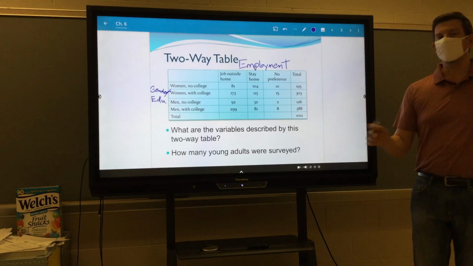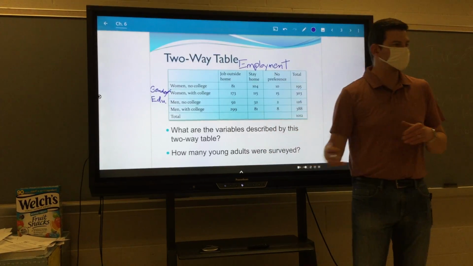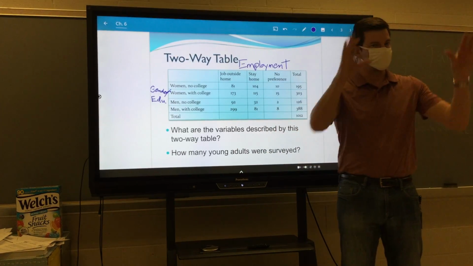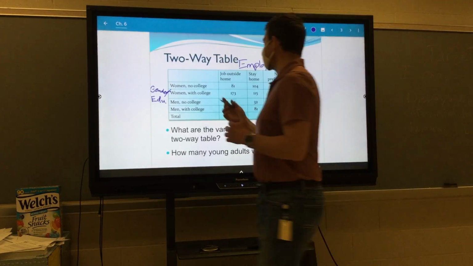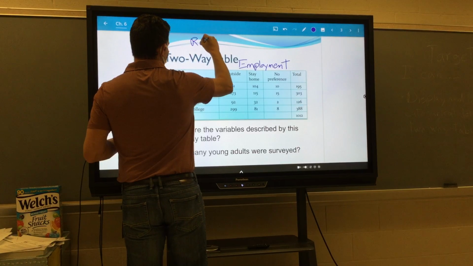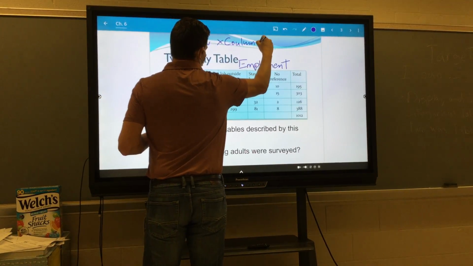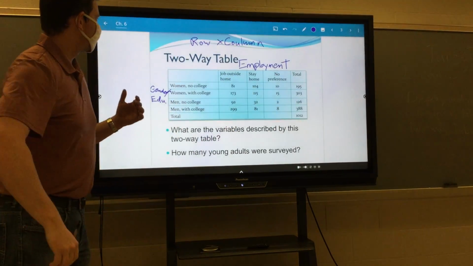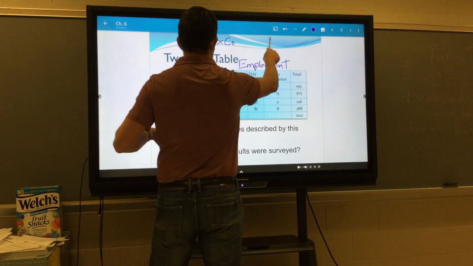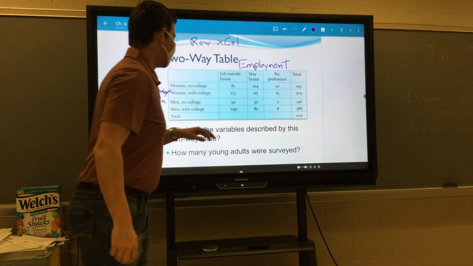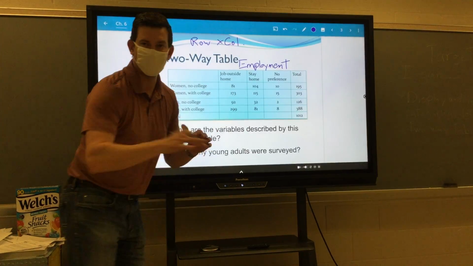Now, when we're talking about the structure of these tables, and we'll be using technology, GeoGebra, the calculator, to create these, we need to provide it with the dimensions. So typically we go row by column when describing that. Spelled column wrong. You get the idea. In this case, you do not use the headings.